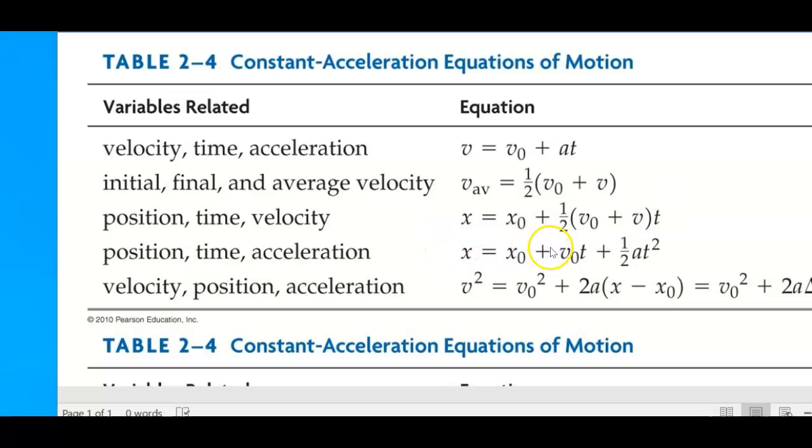This is distance, velocities, time again, and acceleration, so this won't work. So by process of elimination, v squared is equal to v0 squared plus 2a times the total distance. That is the equation, because I have distances, accelerations, and velocities. So that's the equation you would want to use for this problem.